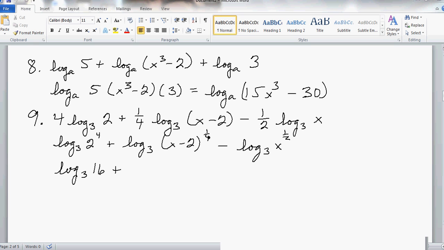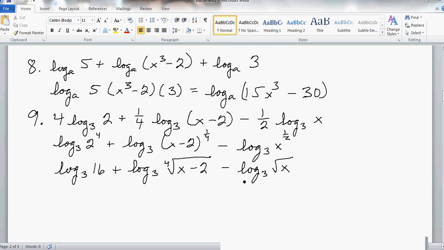Anything to the 1/4 power is really the 4th root, so this becomes log base 3 of the 4th root of x minus 2. And anything to the 1/2 power is the square root, so this becomes log base 3 of the square root of x.